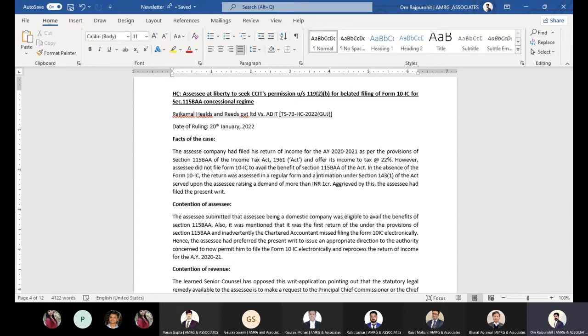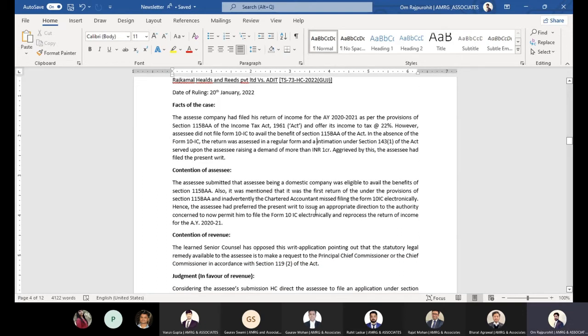So in this case, what happened? The SSC, or I would say the CA, forgot to file the Form 10-IC and filed the return of income. Since the Form 10-IC was not filed, the ITR was processed by CPC without taking the concessional rate of 22%, and therefore there was a demand of 1 crore rupees, since the department had computed the tax rate at 30%.